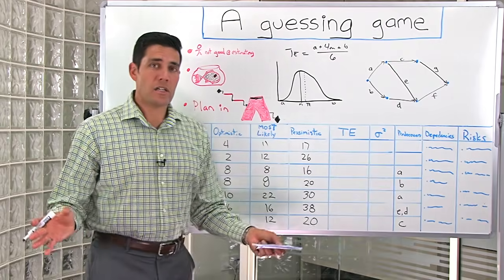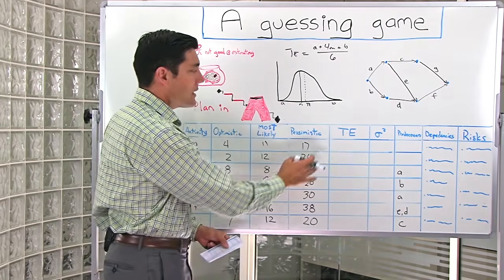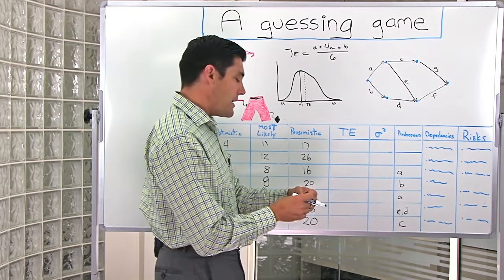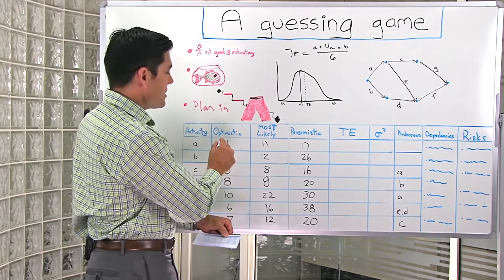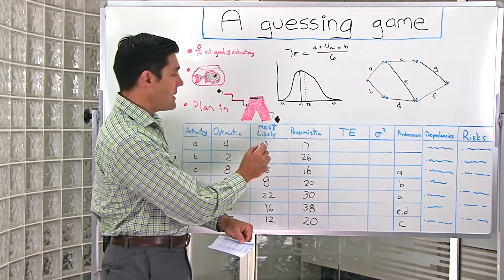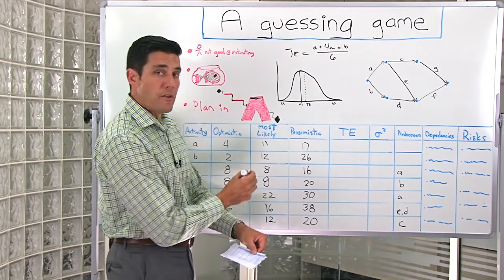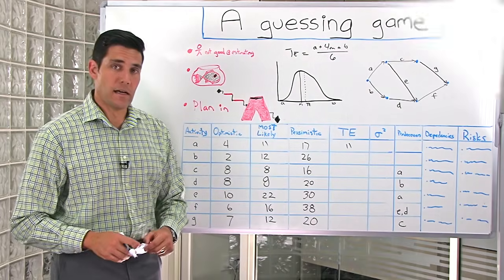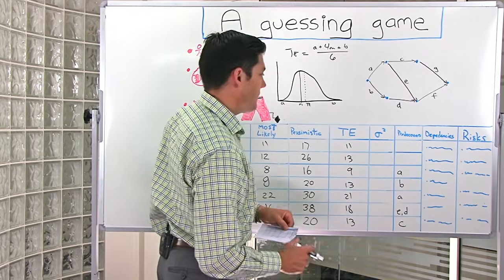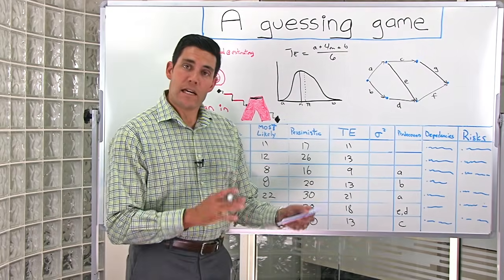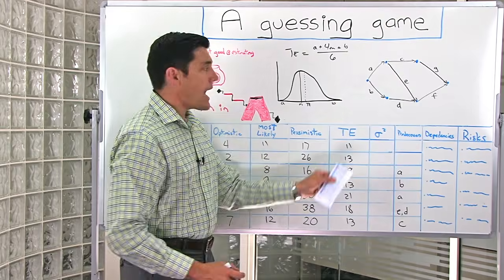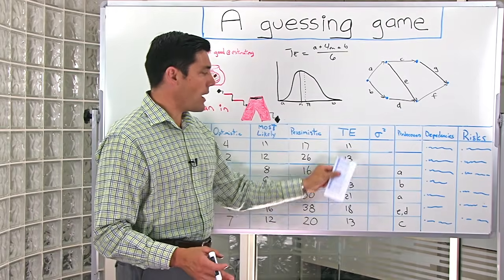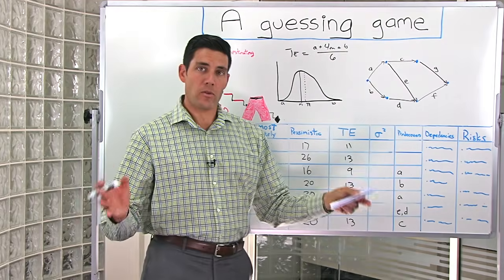Using a spreadsheet like Excel, I can quickly calculate what that expected time might be. In this case, for activity A, the expected time with this distribution of 4 days for optimistic, 17 for pessimistic, and 11 for most likely, rounded, I still get 11 for the expected time, and 13 for G. Now, once I get my expected time for all these tasks, I can then go through my activity diagram and fill in the time required for each of these activities and determine my critical path.